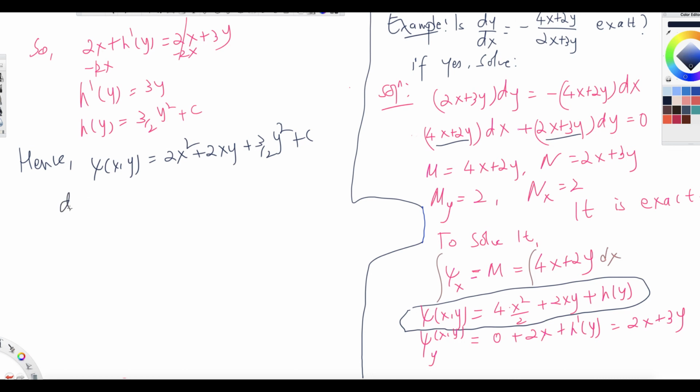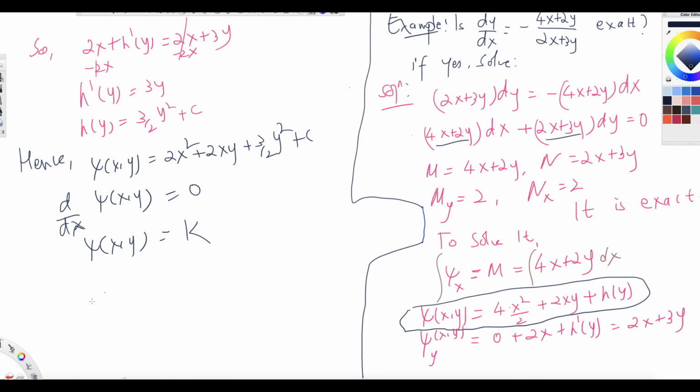So d over dx of psi of x, y equals 0, you can write. If you integrate, what do you get? You will get psi of x, y equals a constant k, which is the final answer.